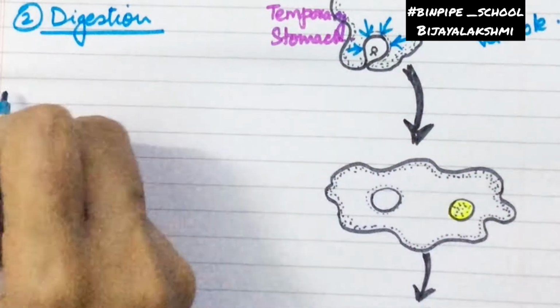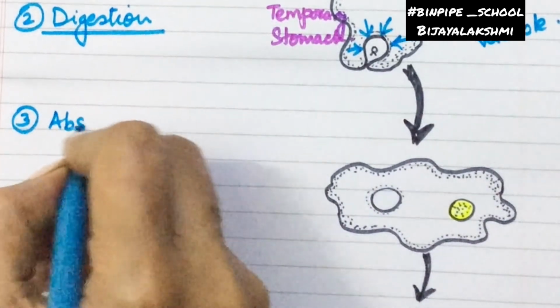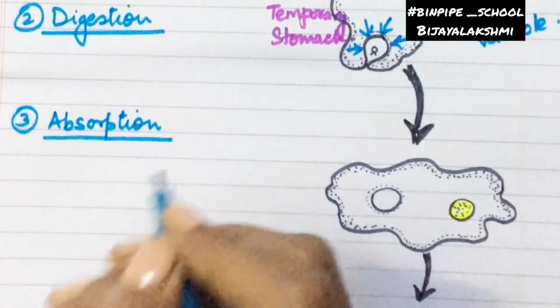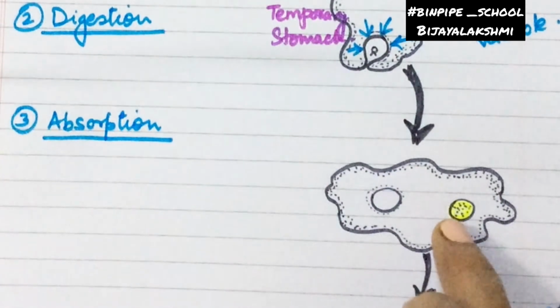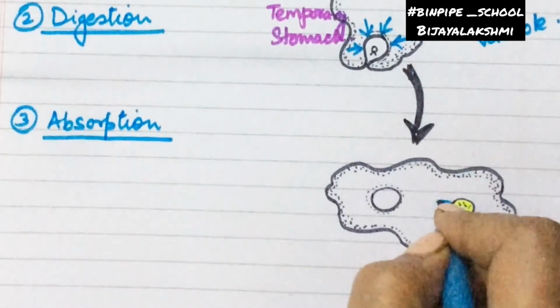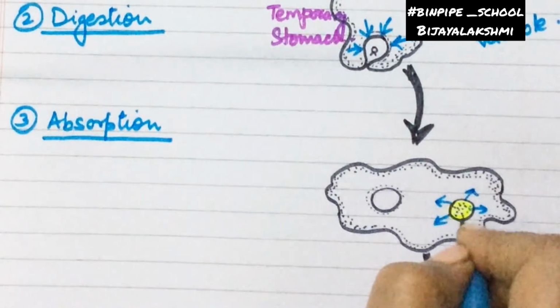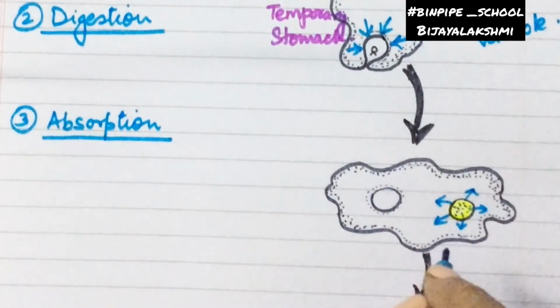Now the next process that takes place is absorption. In absorption, whatever digested food was there in the food vacuole is directly absorbed by the cytoplasm, and gradually we find that the food vacuole vanishes or disappears.